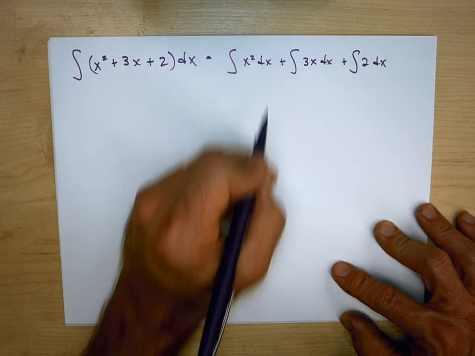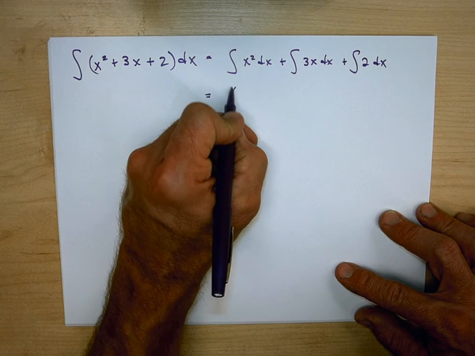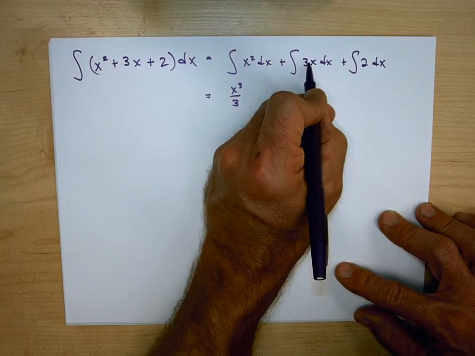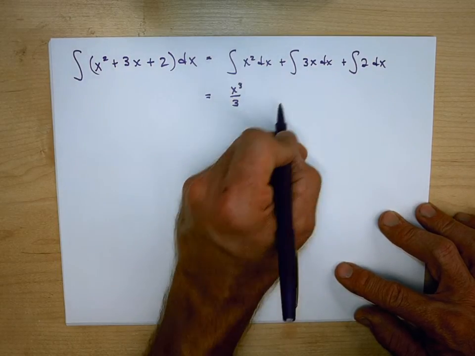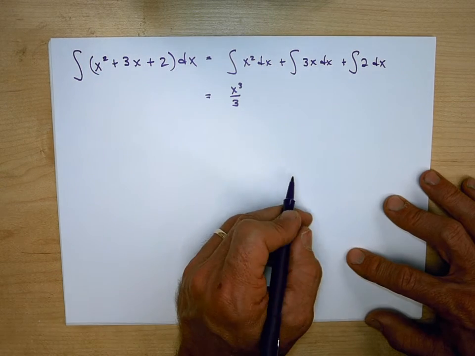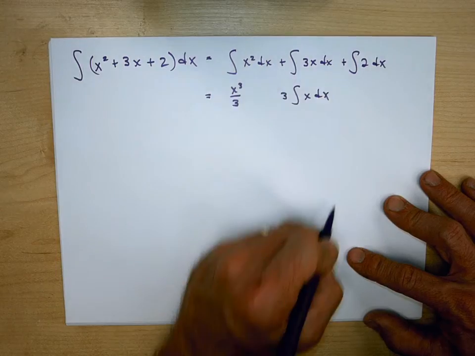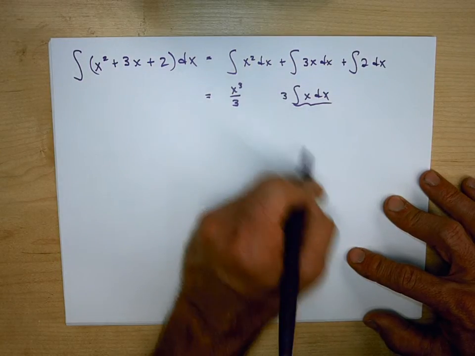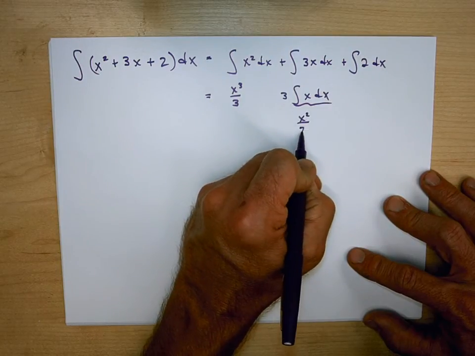Now here, if I just use the power rule for integrals that I just talked about, I'm going to get x cubed over 3. All right. And then here, one thing I want to point out is that if I want to look at something that I take the derivative of to get 3x, then that's the same as 3 times the antiderivative of x. All right.